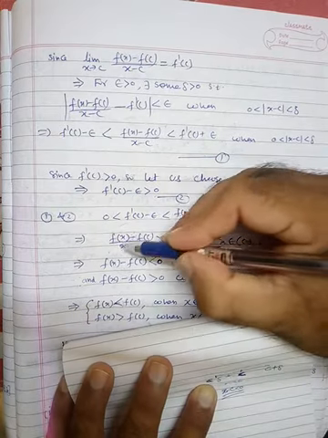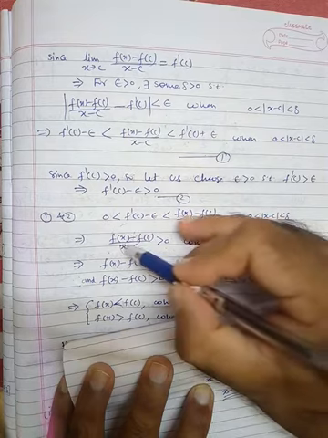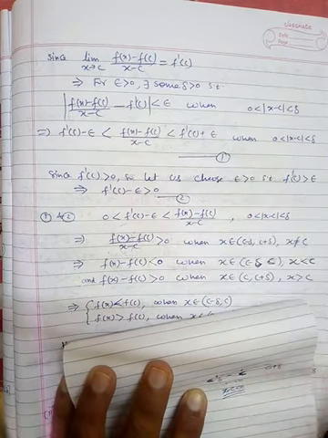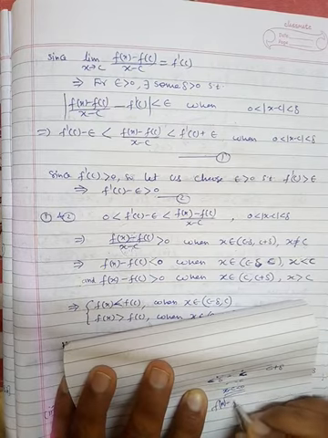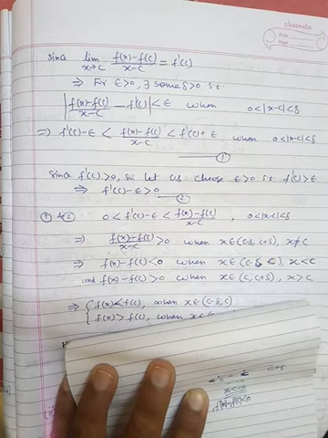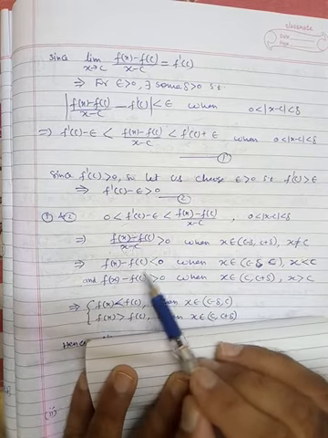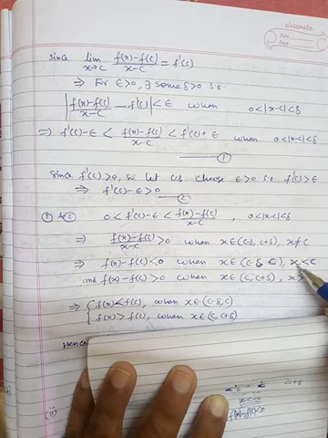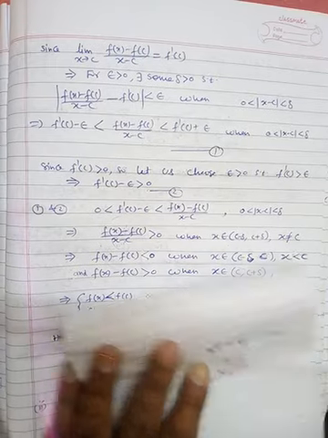So this quantity is negative in this part from c minus delta to c. This is negative, so obviously f of x minus f of c should be negative so that the ratio will be positive. And this is written here in the first line: f of x minus f of c is negative when x belongs to the left hand part from c minus delta to c, where x is less than c. Here any x in this interval is obviously less than c.